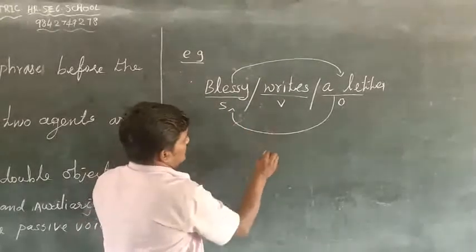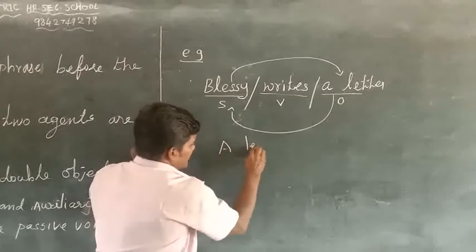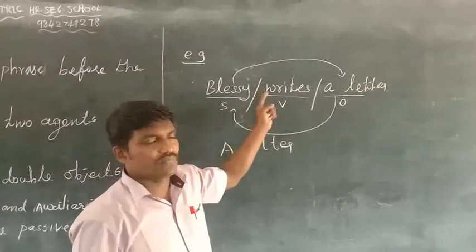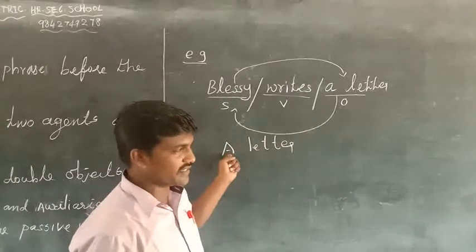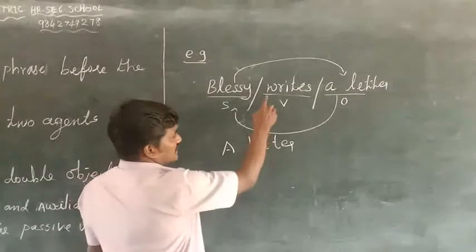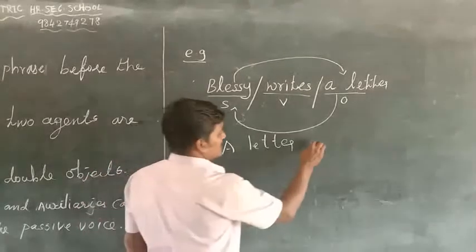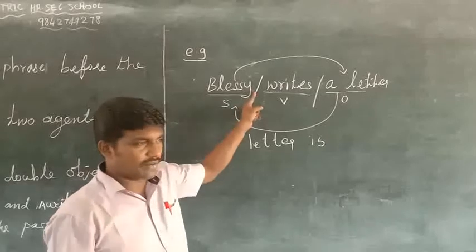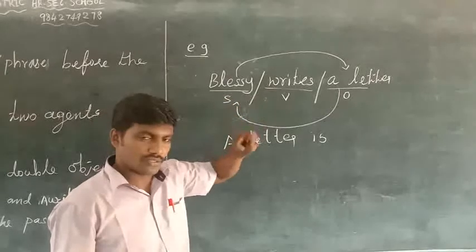The next one, we have to add the be form word before the principal word. A letter. We should use the be form word as per the subject in the sentence. A letter is third person singular here, and the sentence expresses the simple present tense. So a letter is, and we have to find the past participle of the present verb: write, wrote, written.